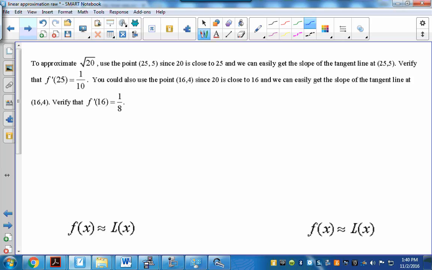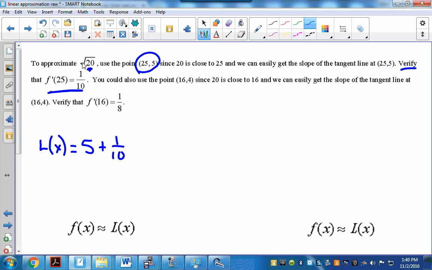Square root of 20. We need a point on the curve close to 20. Well, there's a point on the curve. So we'll do that one first. Equation of the line, y-coordinate, 5. I need the slope. Well, I actually told it to you. It was 1/10. Now, it does say you should verify that the slope really is 1/10. Don't take my word for it. So let's see.